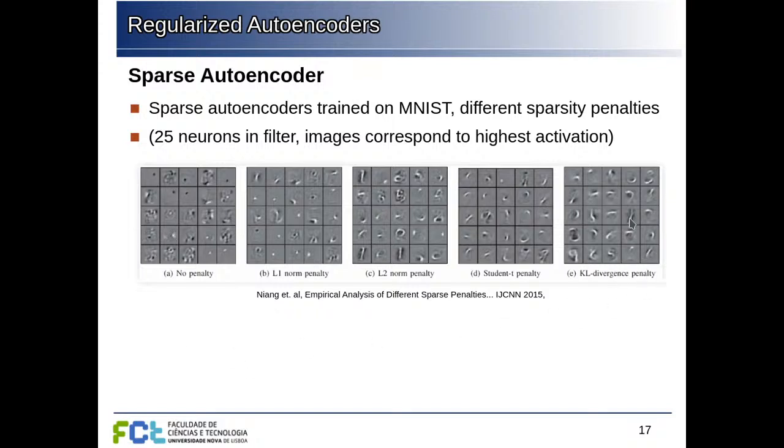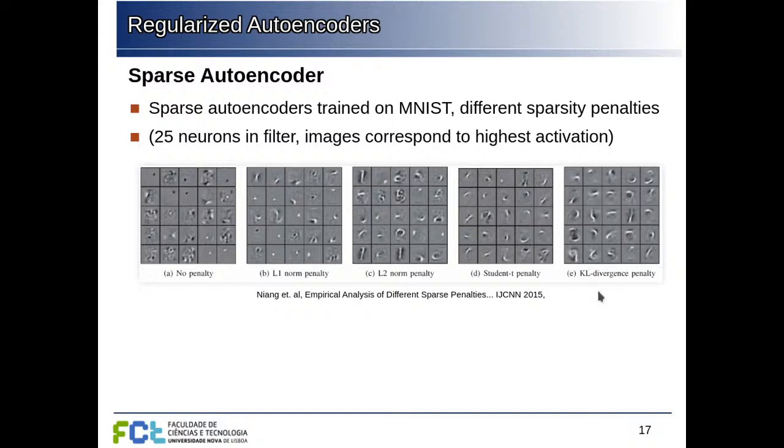But if we use, for example, Kullback-Leibler divergence, you can see that these neurons are becoming specialized in identifying parts of handwritten digits, for example, these oblique slashes, these curves, and so on.